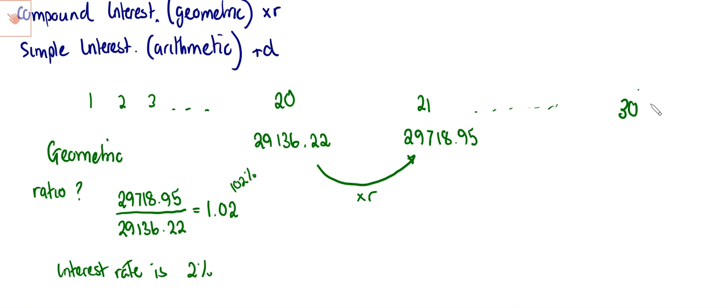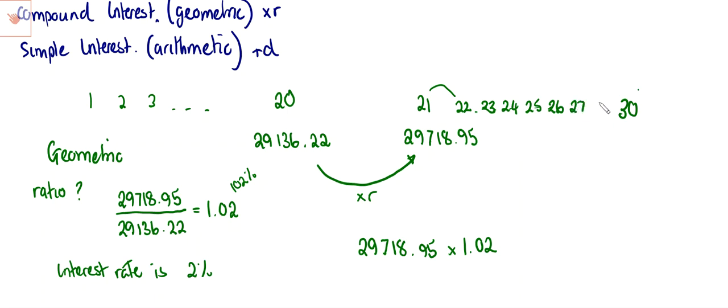How many times? So we're going to do 29,718.95 times 1.02. So 21 to 22 would be 1 time, 2 times, 3 times, 4 times, 5 times, 6 times, 7 times, 8 times, 9 times.